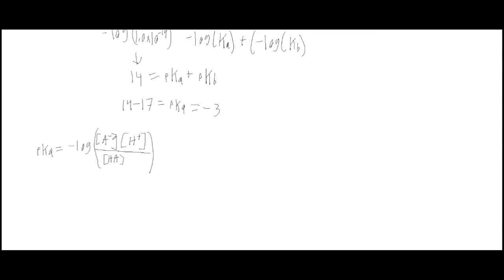And so we have our pKa equals this, and then using our log rules, we can once again say pKa is equal to the negative log of A over HA, and our log rules, if you have a multiplication inside of your logarithm, then you can turn that into a plus logarithm.